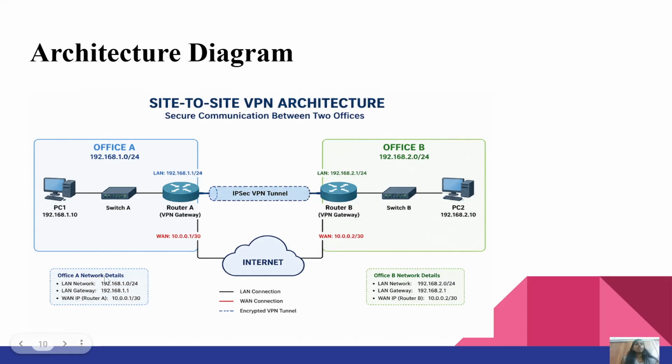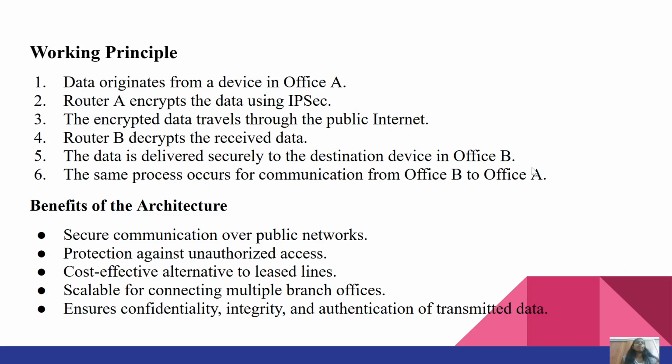Here are Office A network details: LAN network, LAN gateway, and VPN IP of router A. Office B LAN network, LAN gateway, and WAN IP are given in the picture.